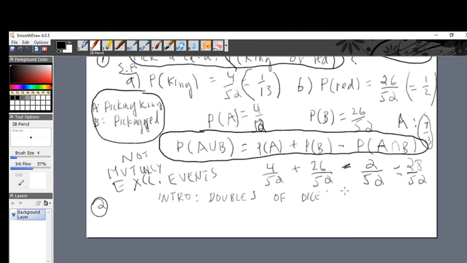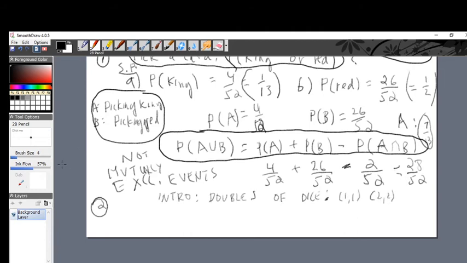Doubles of dice are 1 1, 2 2, 3 3. You get the picture. When you throw doubles, the two dice match, the red one and the blue one are the same number.